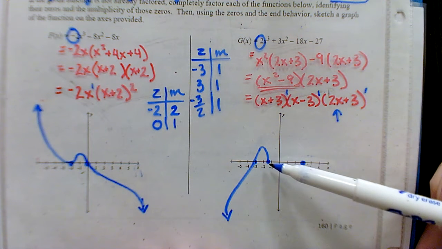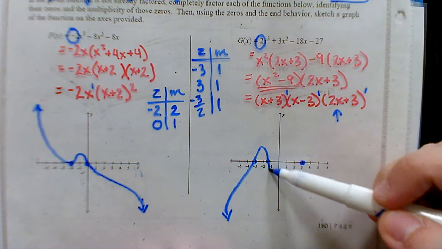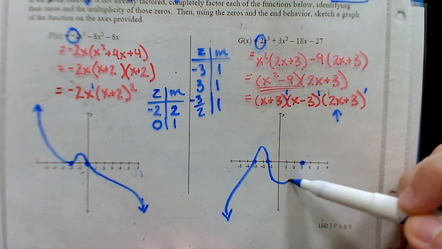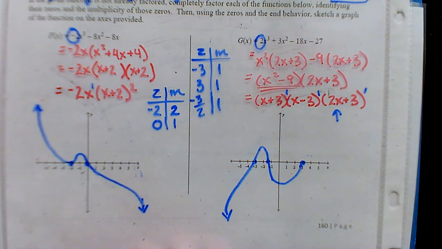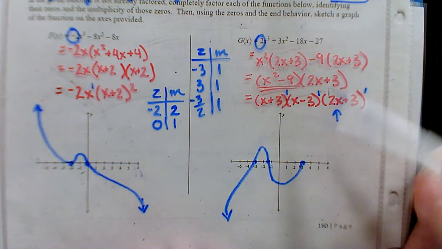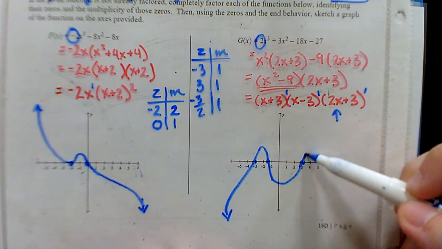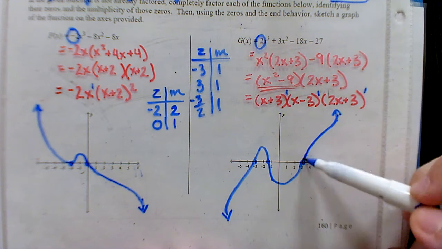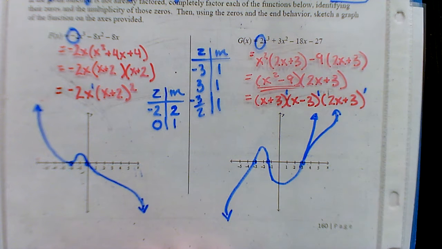We need to strike through that x-intercept as well, and then connect it to the next one. And we need to strike through that one as well based off the multiplicities. So you can connect it to your arrow. If you want to make it more drastic and go straight up, you can. As long as you have an arrow going up on the right-hand side, you're fine.